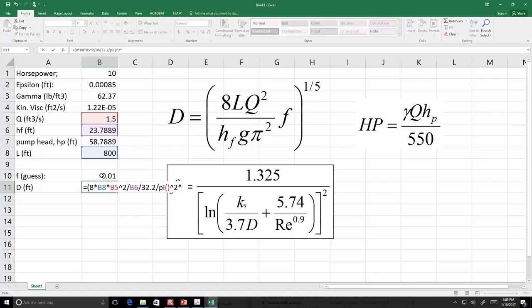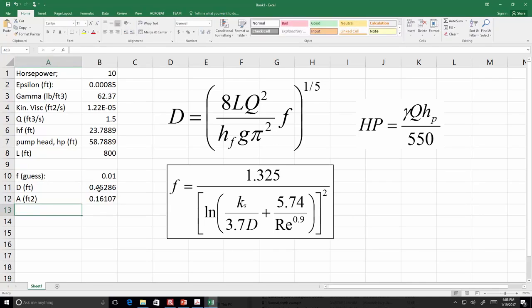All right, so I'm going to use that guess value of F and take it to the power of 0.2. So this is what the diameter of the pipe would be if it was this guess value of F. And so now we'll get an area of the pipe based on that. The area is just going to be pi times d squared divided by 4.